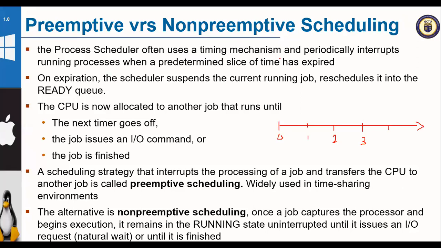So the operating system or the process scheduler will periodically interrupt. Here we have selected 1 second. So it means that after every second, the process scheduler will interrupt. It will come into the room. Assuming there's a doctor in the room, let's assume this process scheduler is the secretary.